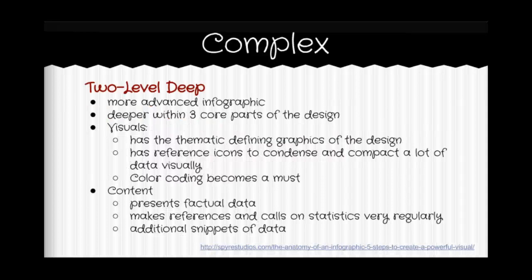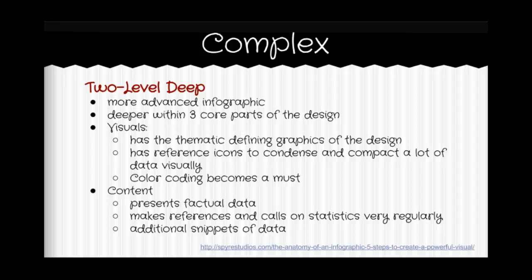And then we go to the two-level deep. This type of infographic has a thematic design to it. It has reference icons to condense and compact a lot of data visually.